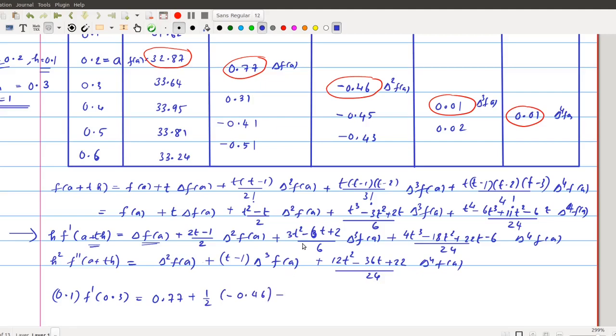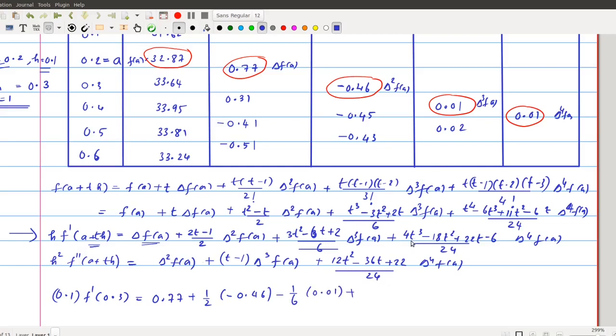Okay, so what will be the third term? The third term comes from this, by putting t is equal to 1 here, that is 3 minus 6, that is minus 3 plus 2, that is minus 1, so minus 1 by 6 times del cube f of a. What is del cube f of a? Del cube f of a is 0.01, so this times 0.01.